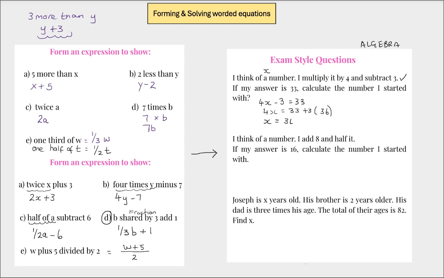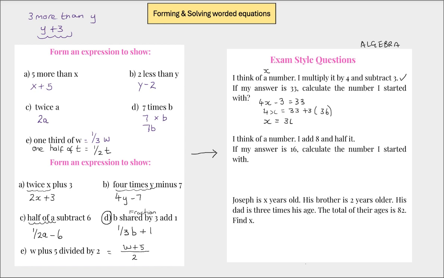So we've got x plus x plus 2. You see some people put them in brackets to split it up, but I don't do that. Plus 3x equals 82.